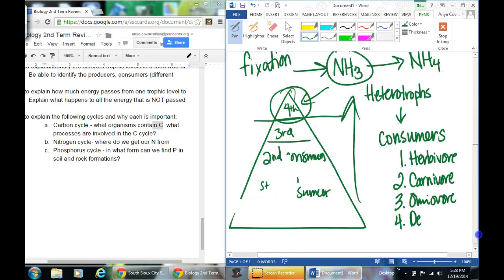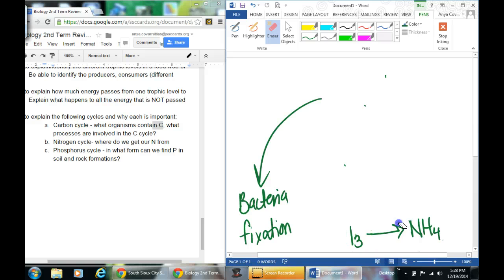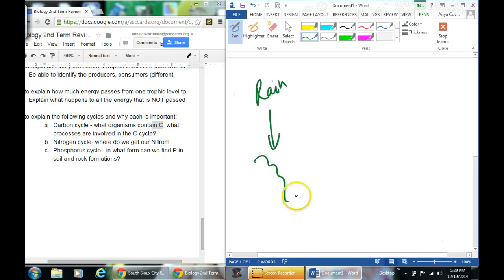And then our last cycle that is pretty important is our phosphorus cycle. Phosphorus comes from rocks and runoff from when it rains. We need phosphorus in our diet, and we get it from the plants. So we have rain that comes down, leaks off of the rocks, and phosphates go into the soil.